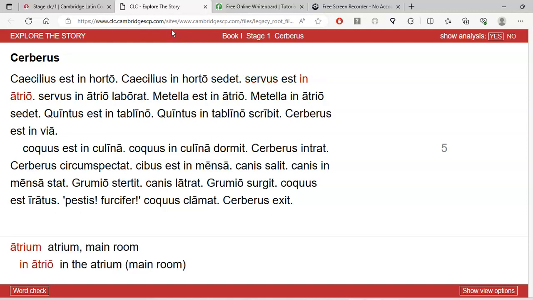Atrio, location. Metella, this is a person. Quintus, person. Tablino, it's a place. Cerberus, that's a dog. Via, that's a place. So notice that some of these nouns have short vowels in the final syllable, and some of them have long vowels, like ordo.